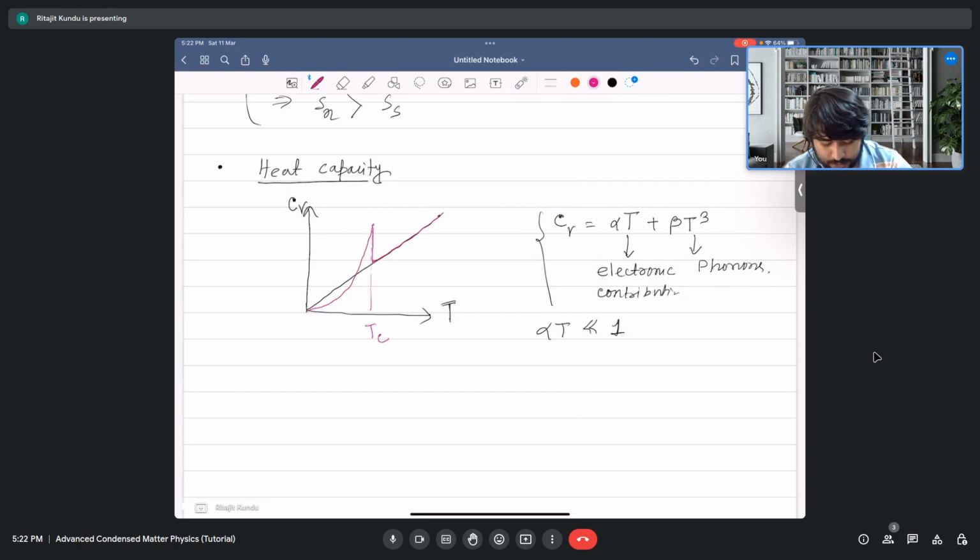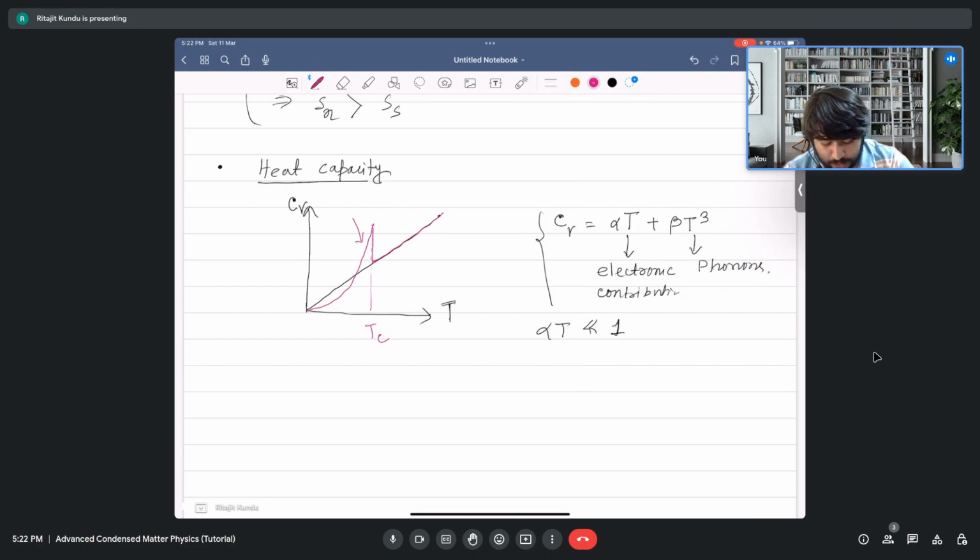This kind of CV is a signature of superconductivity. So we will try to argue how this kind of temperature behavior appears for a superconductor.